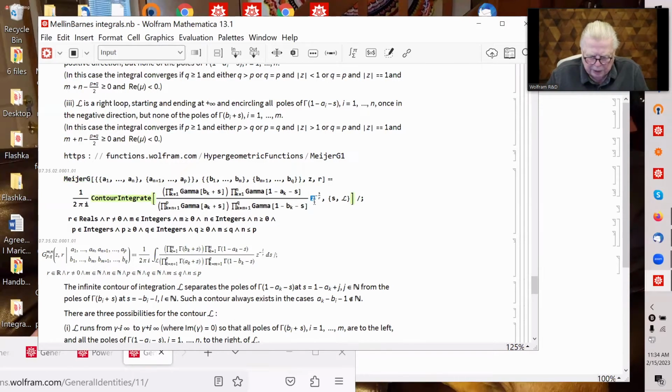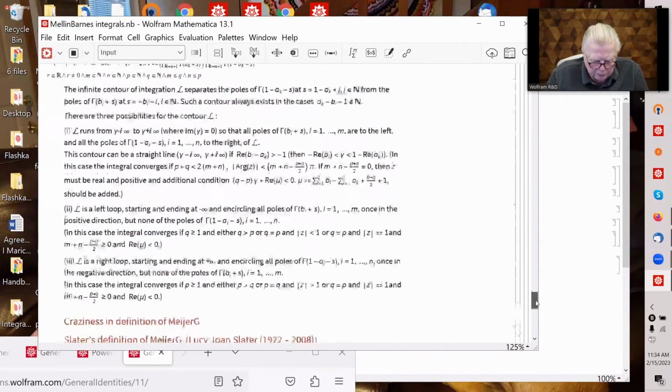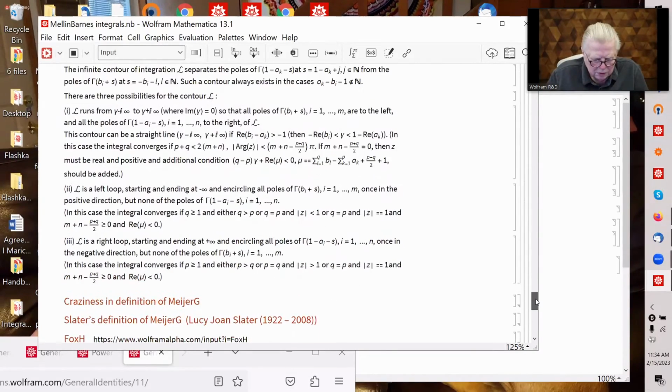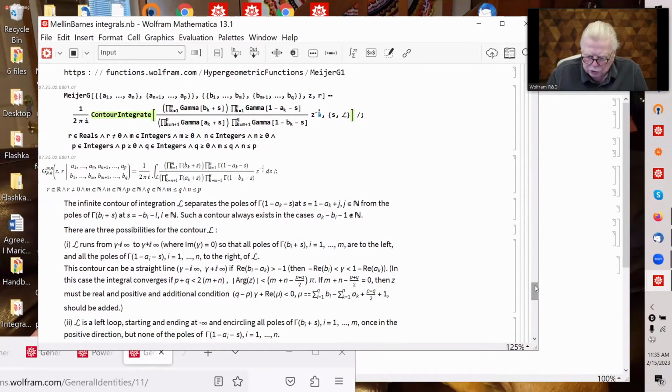Instead of z to the power minus s, I put z to the power minus s divided by R. R is mostly positive, because we cannot successfully operate with very important functions without having such a parameter. I have an example here in the notebook, and I will show you.